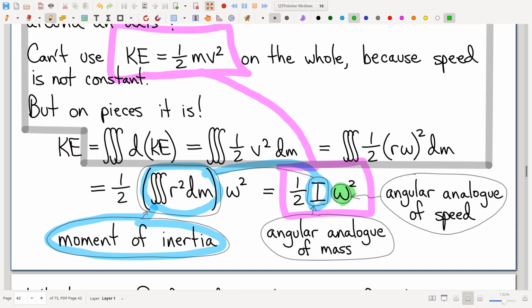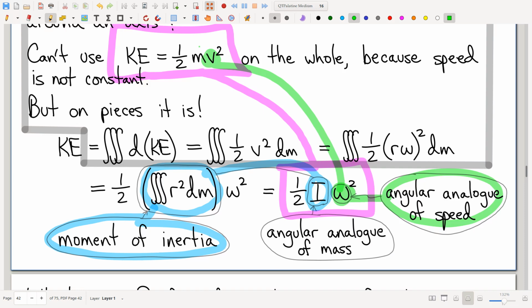This thing here is what we call angular speed, sometimes called angular velocity. It's not a vector, so I like to call it angular speed. And it is playing a role in the equation that's totally analogous to the role that linear speed plays in the linear kinetic energy equation.